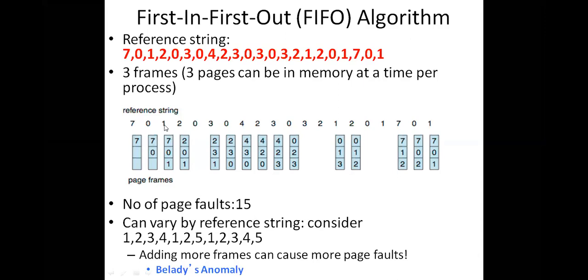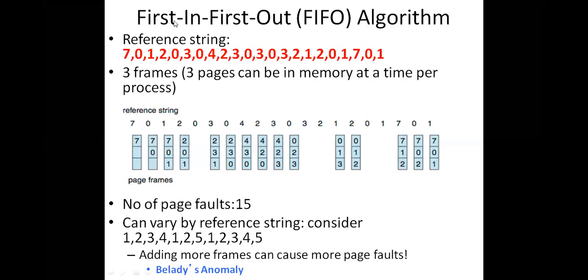After that 1 is not available in the main memory, so we load the page into the main memory: 7 0 1. Now all the frames are occupied. Page 2 is required, but it is not available in the main memory, so page fault. There is no free frame, so we need to replace one of the pages already in the main memory.